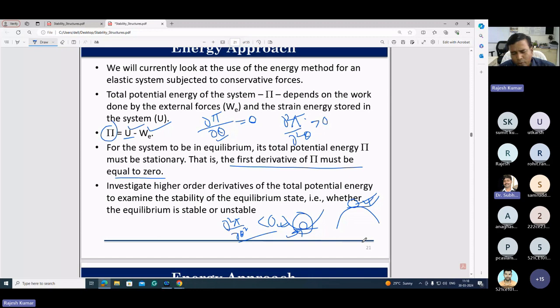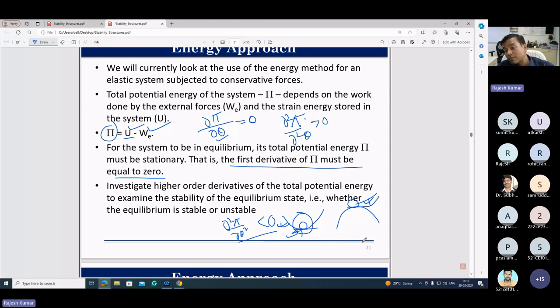Then another example: one person is standing and one person is sleeping. Which will feel stable? The person who is sleeping feels stable. It means minimum energy is associated with that person. It is the same concept. So for stability, minimum energy is associated.